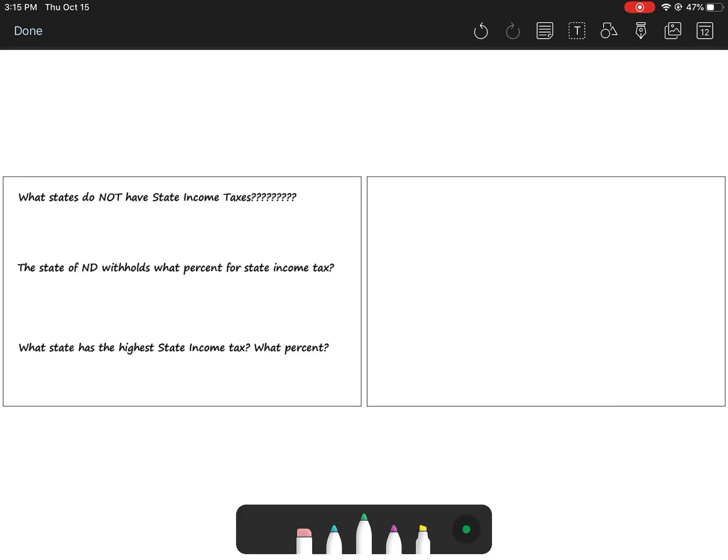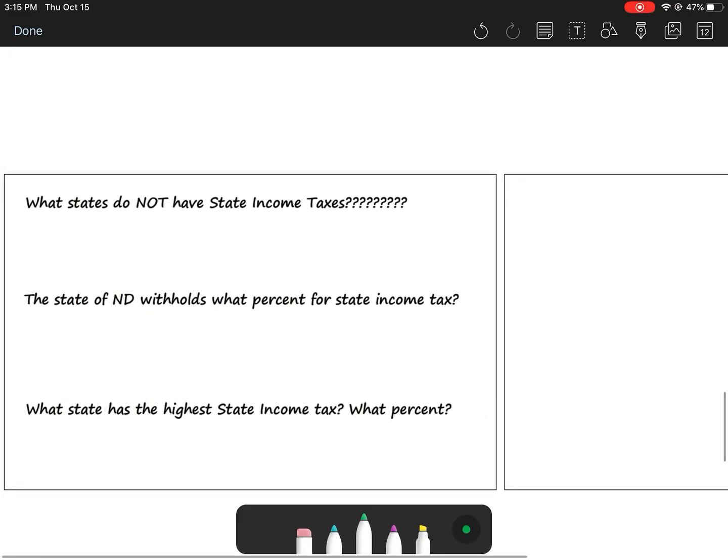So in case that's what you would desire, you don't want to pay state income tax, you could live in Alaska, Florida, Nevada, South Dakota, Texas, Washington, and Wyoming. Okay. Interesting fact, Tennessee and New Hampshire fall into a gray category.